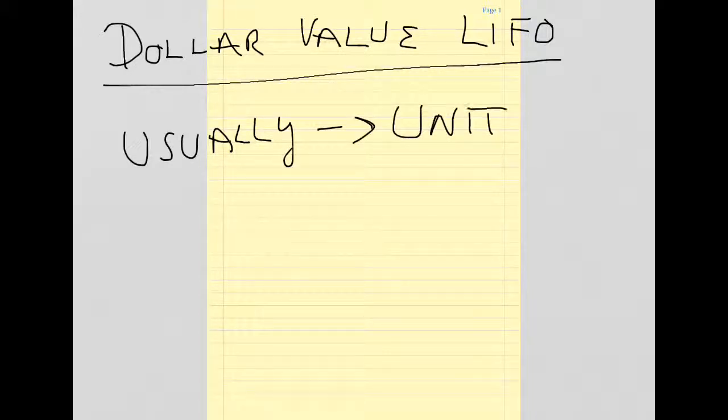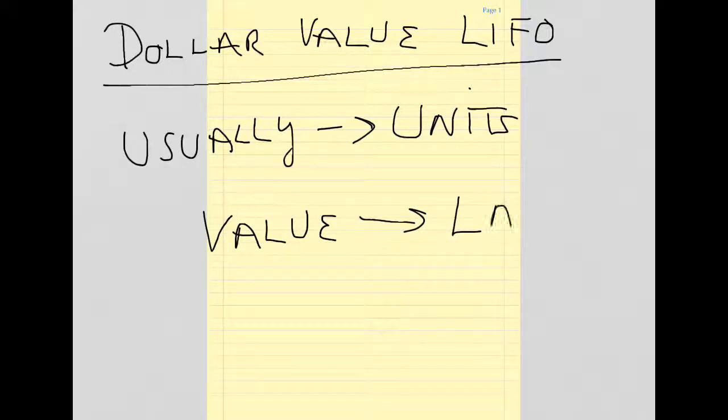The good news about dollar value LIFO is we do not track that. We track value, hence the word dollar value, and we track it in layers. Each, as we saw in class, each year becomes a layer.